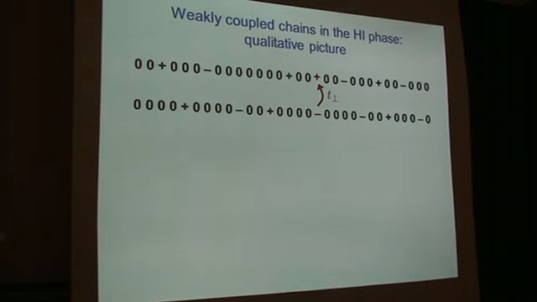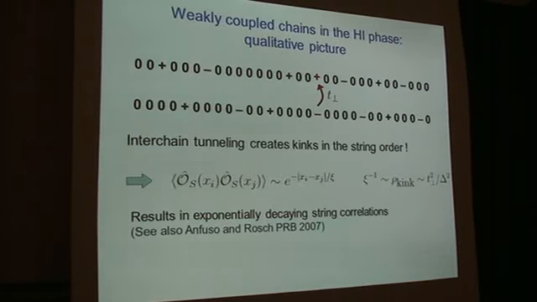So putting on this small t-perp immediately destroys the string order, and you get decaying string correlations with a correlation length xi that scales like t-perp squared over the gap squared.